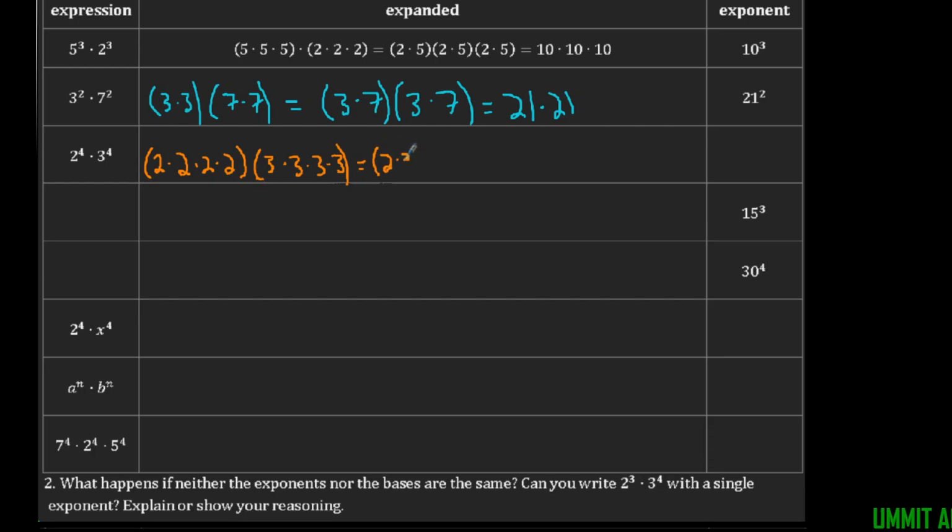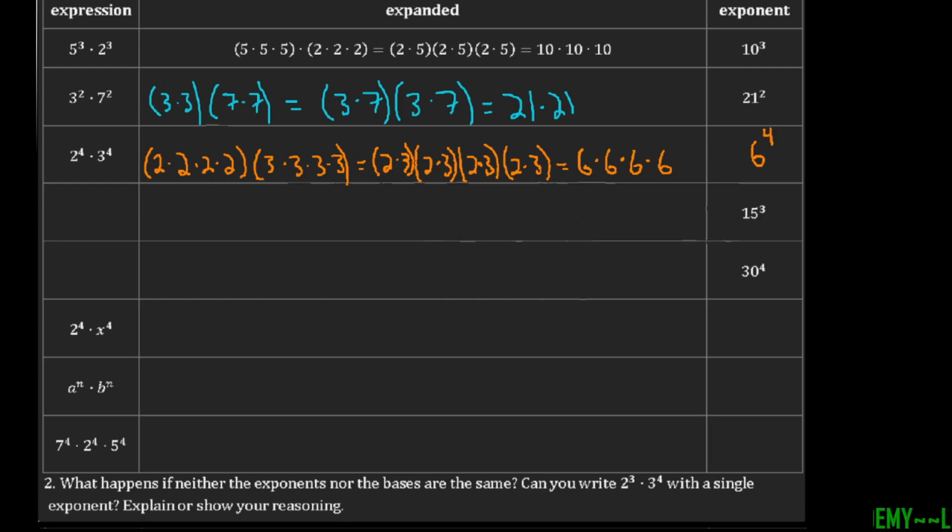So we're going to say 2 times 3 times 2 times 3 times 2 times 3 times 2 times 3, and each of those groups is going to be equal to 6. So we're going to say 6 times 6 times 6 times 6 is going to be 6 to the fourth power. So we're just combining and expanding out those different groups.